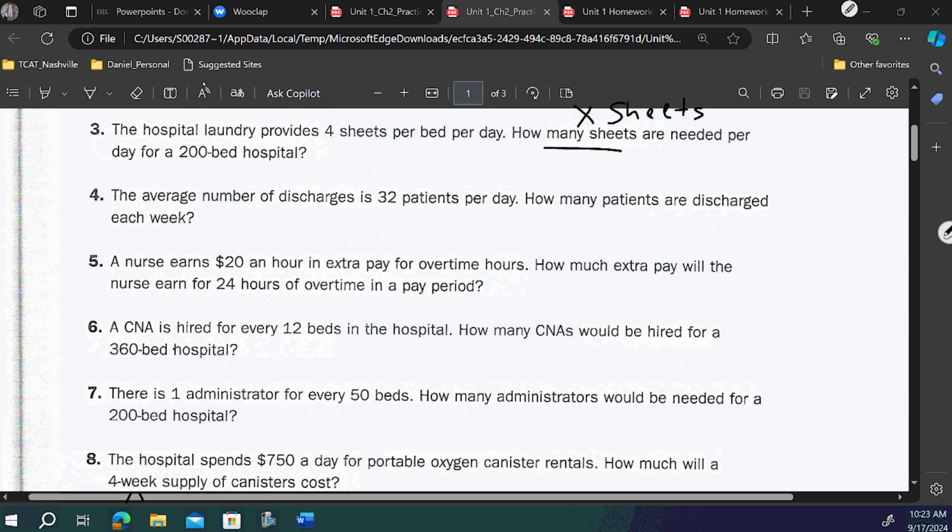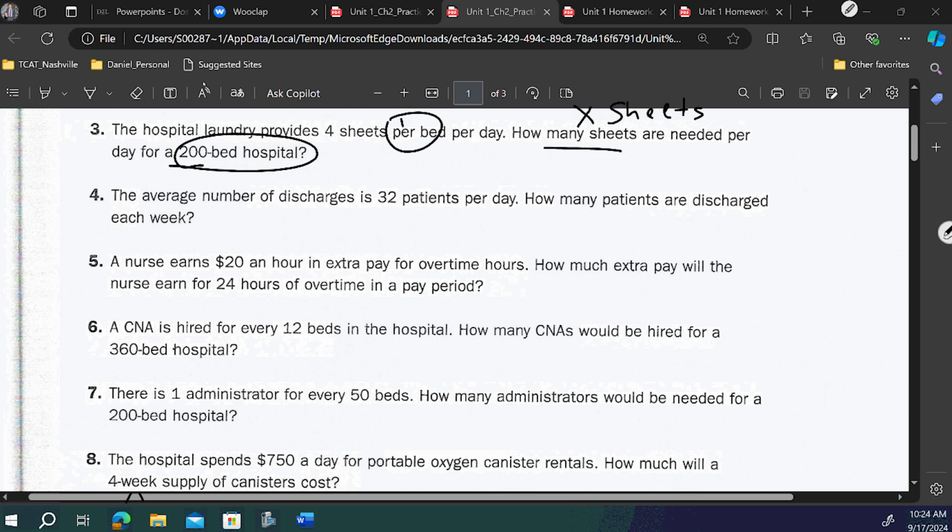Let's backtrack a bit. So it says the hospital laundry provides 4 sheets per bed per day. Here's the key sometimes. It's easier to start with what you're trying to find out. It's asking us how many sheets are needed per day for a 200-bed hospital. Look at this. The only difference between these two statements is 200-bed hospital versus per bed.